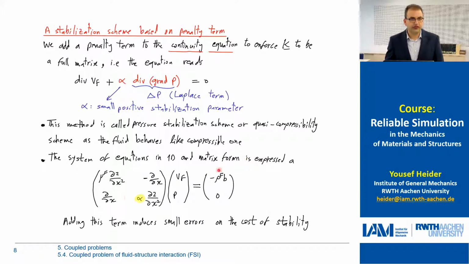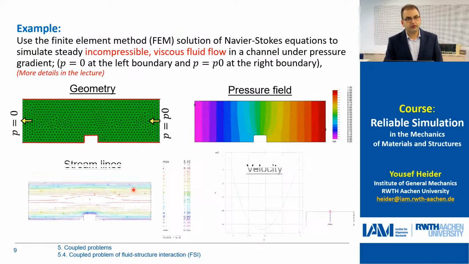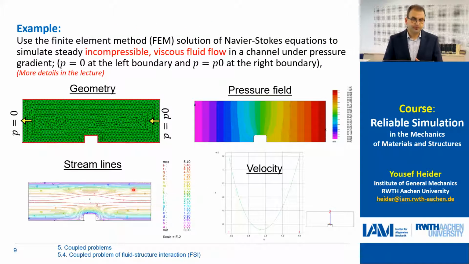It's exactly the solution of these equations in our software FlexPDE, and it shows it's working. So if we change the value of alpha, at some point we will not get a solution. If we remove the Laplace term, we will not get any solution from the very beginning, because the stiffness matrix is showing some 0 eigenvalues.